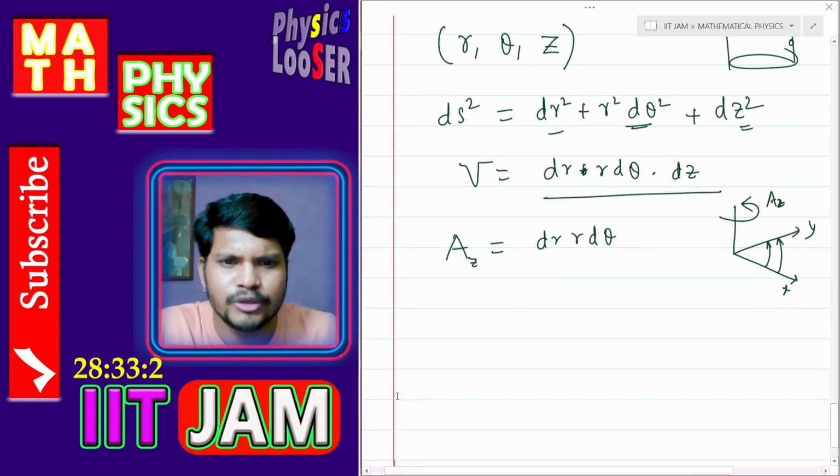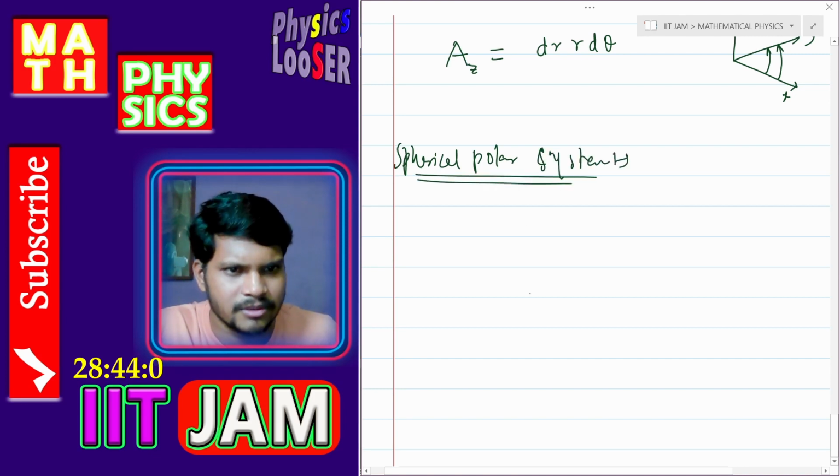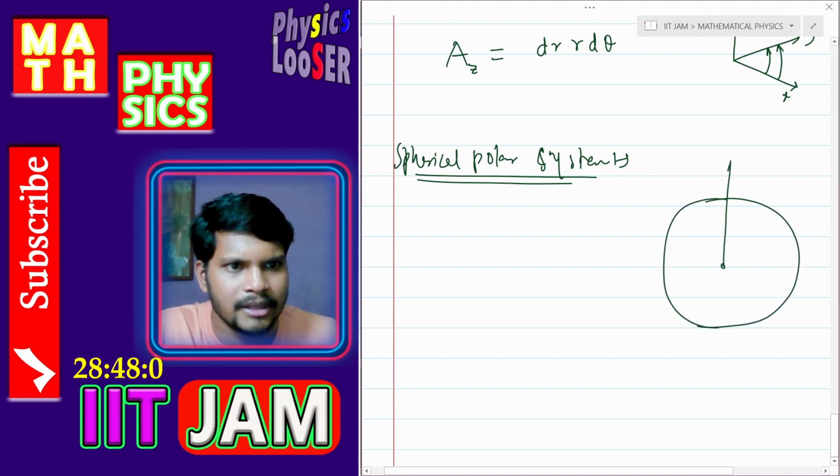On the other hand, I'm going to introduce you very specifically to the spherical polar coordinate system. In the spherical polar system, you again have a sphere, which is again a symmetric one. So this is x, and this is y and z.